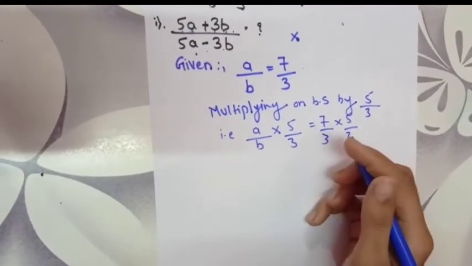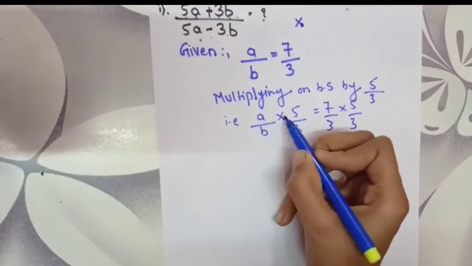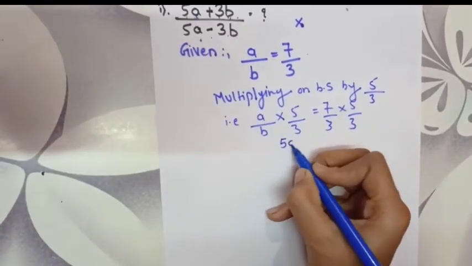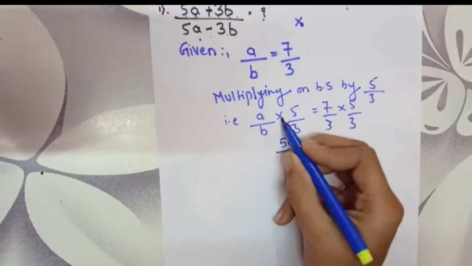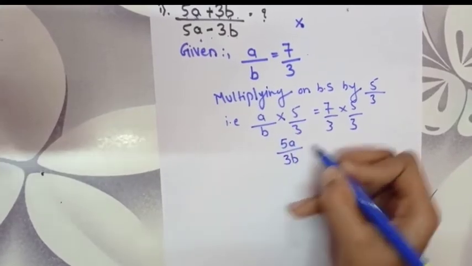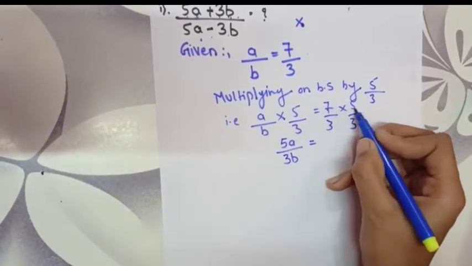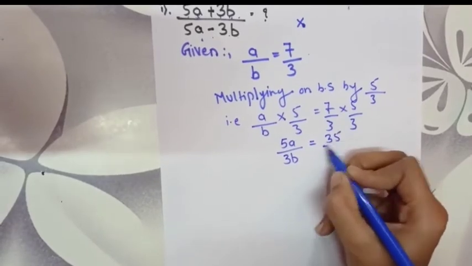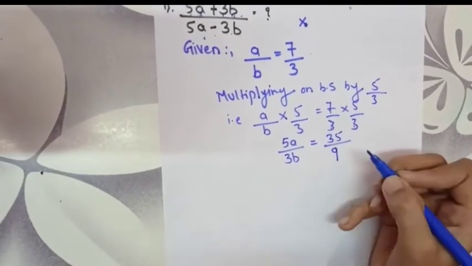Now a into 5 is 5a, by b into 3 is 3b, which is equal to 7 fives are 35, 3 threes are 9.